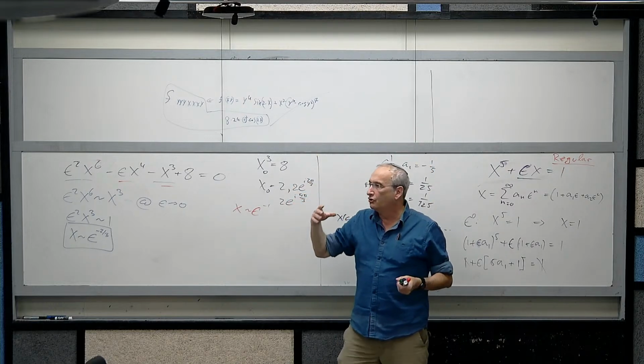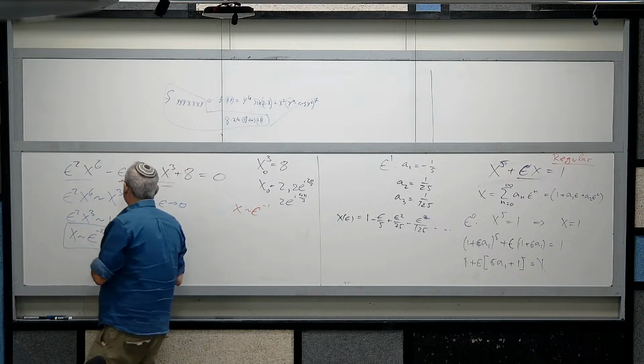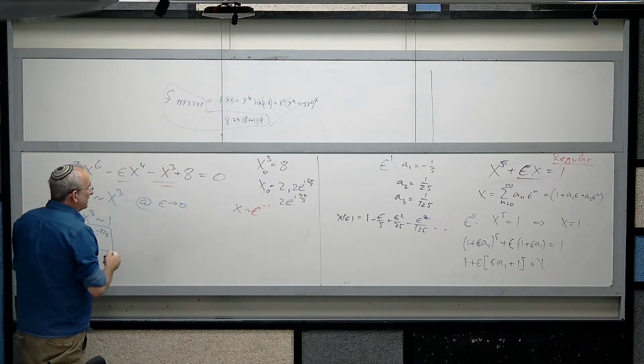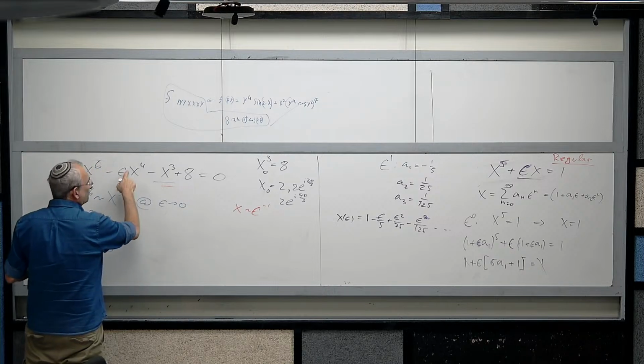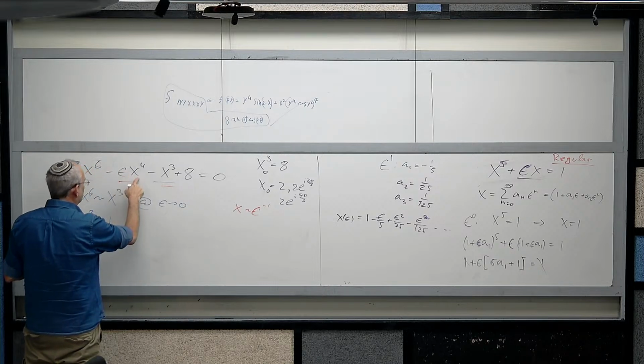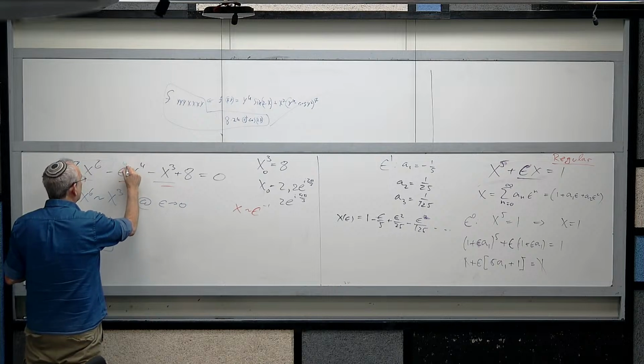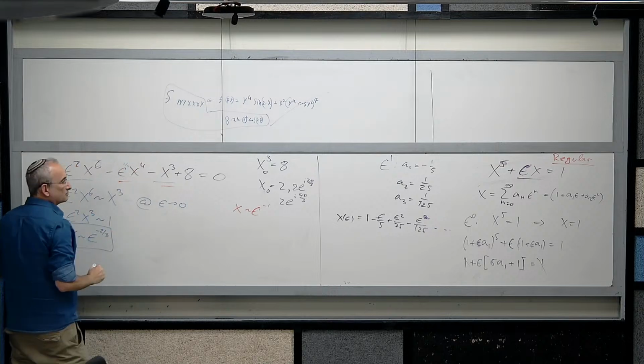Now, you may say, let's have another equation, where instead of epsilon times x to the 4, I put epsilon to the 2/3 times x to the 4.